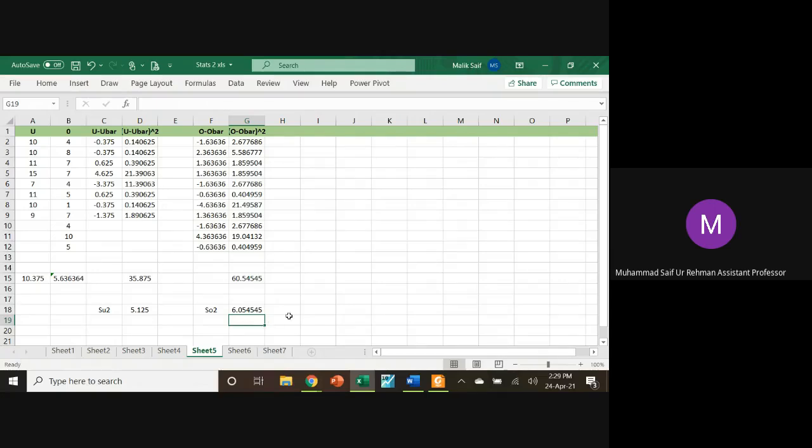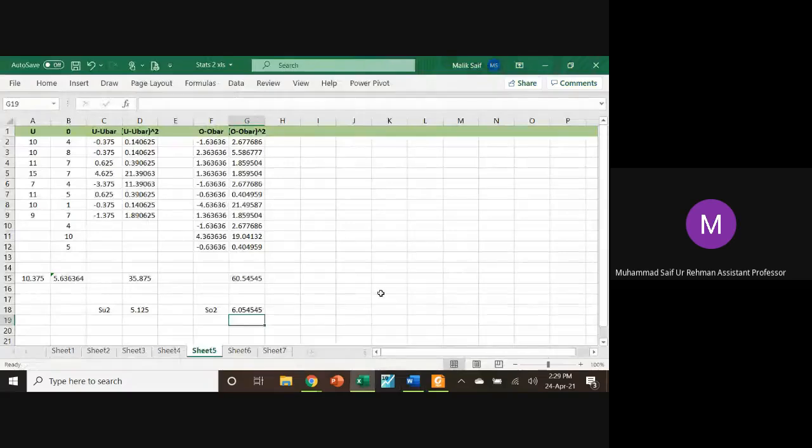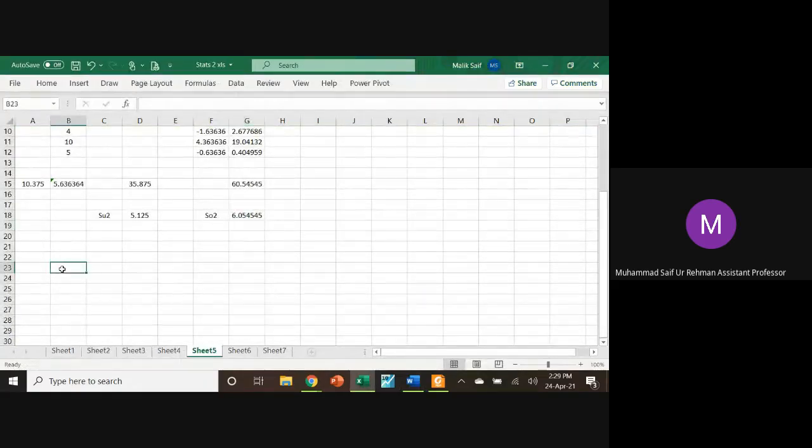And what you have to do now is find out the degree of freedom. For the degree of freedom, you have to use this formula. So you may take help of Excel again. Degree of freedom will equal, as we are not interested in solving it directly, we shall solve it step by step.